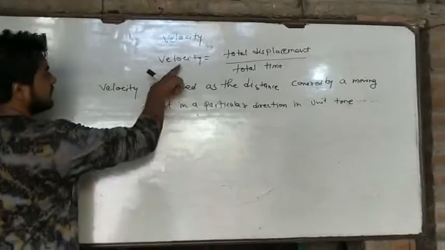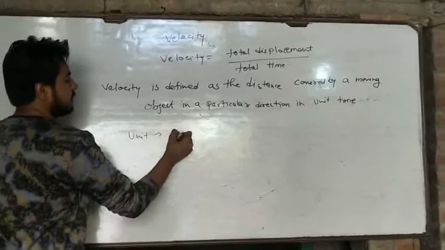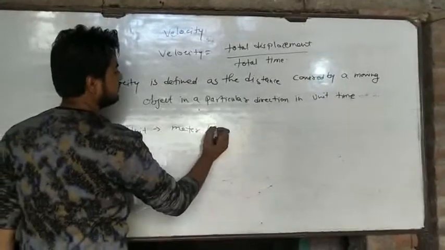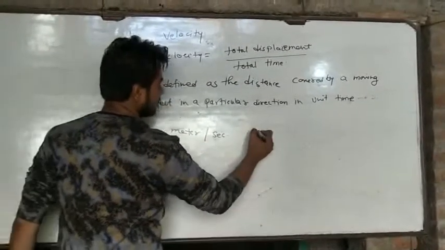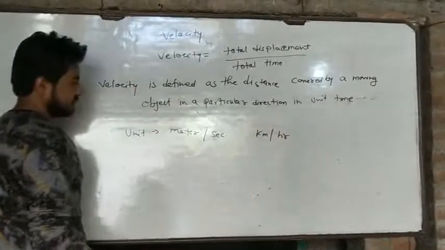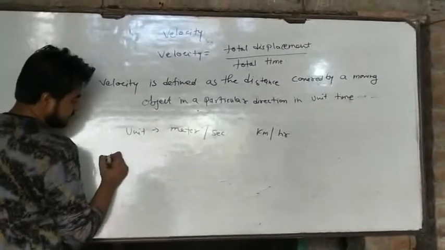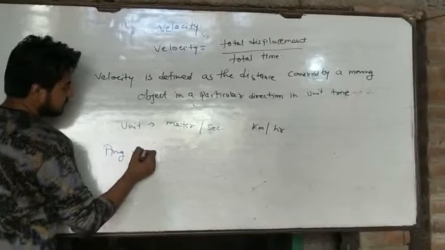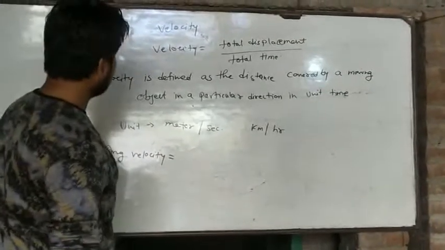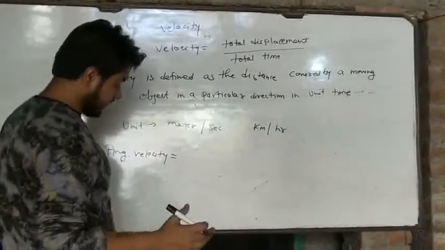So this is the formula, this is the definition, and the unit is the same: meter per second or kilometer per hour. Same here, average velocity is the total displacement upon total time.